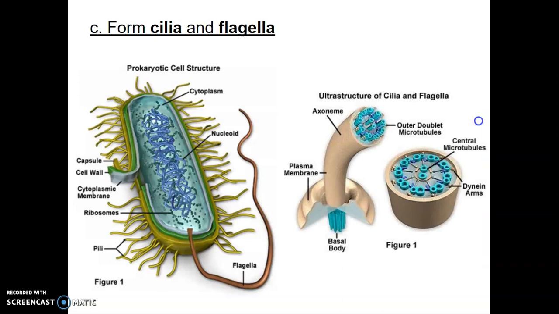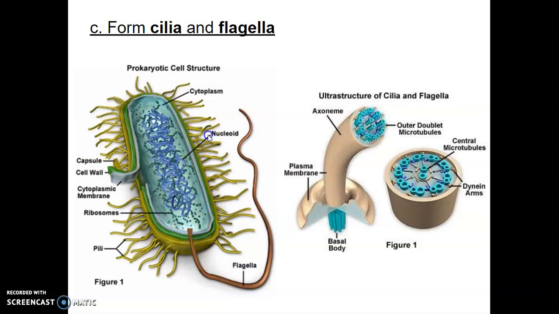Another thing that centrosomes and centrioles can do. In certain types of cells, they can form cilia and flagella. And these cilia are actually these little hair-like objects sticking all out around here, and the flagella is like a long whip-like tail. A lot of simple cells that are eukaryotic have these movement-type devices, right?